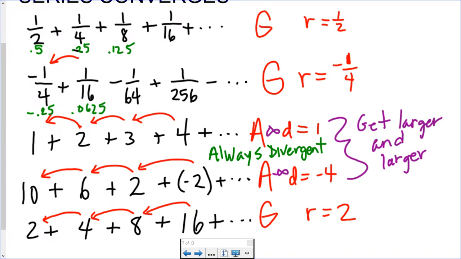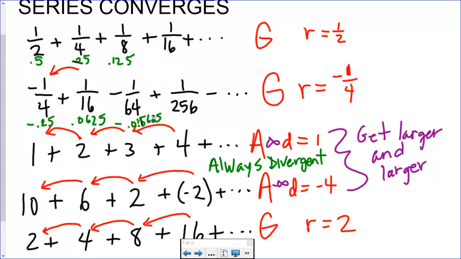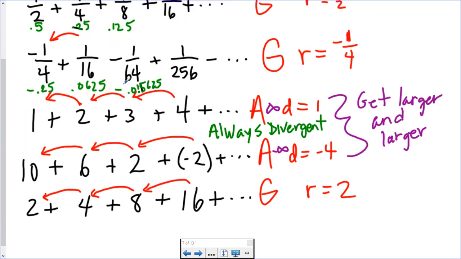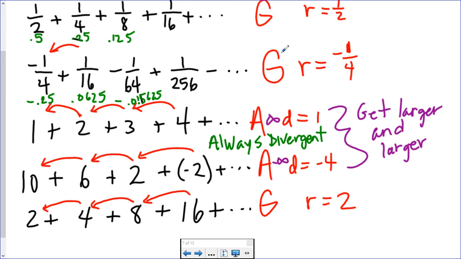And then 1 divided by 64, that's going to be a negative 0.015625. So even though they are either positive or negative, these numbers are getting smaller and smaller. Each one of them is getting tinier and tinier. So those are these two geometrics up here. Again, whether the common ratio is positive or negative, the numbers themselves are getting smaller.